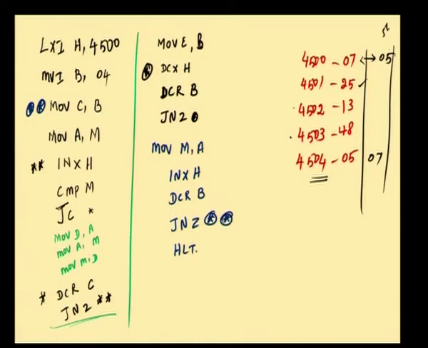So, now this 05 is moved into the memory, then increase the location which is 4501, then decrease the counter as 3, it is not 0, now the 3 value is moved to the counter. Now, what is the memory value? 15, 25. This 25 is moved to the accumulator, increase the location, 13, then compare 13 and 25. If carry is reset, then you swap the data. So, this becomes 13, this becomes 25, right.